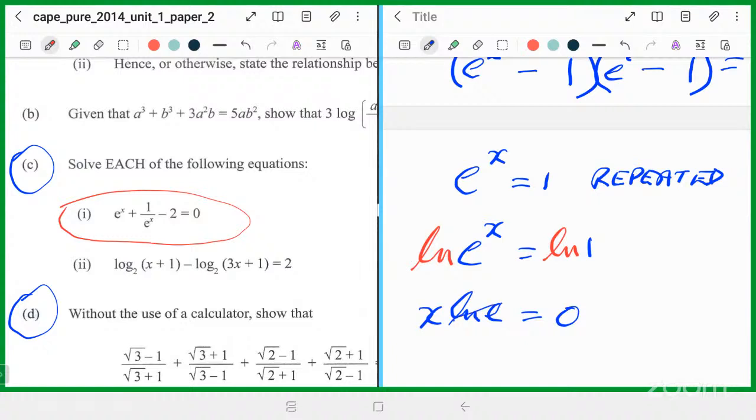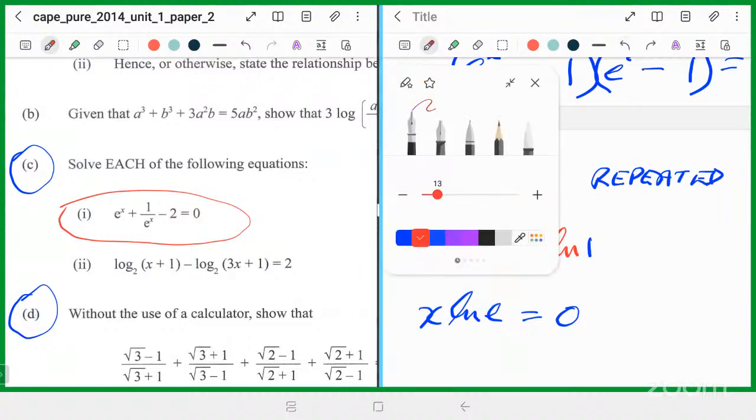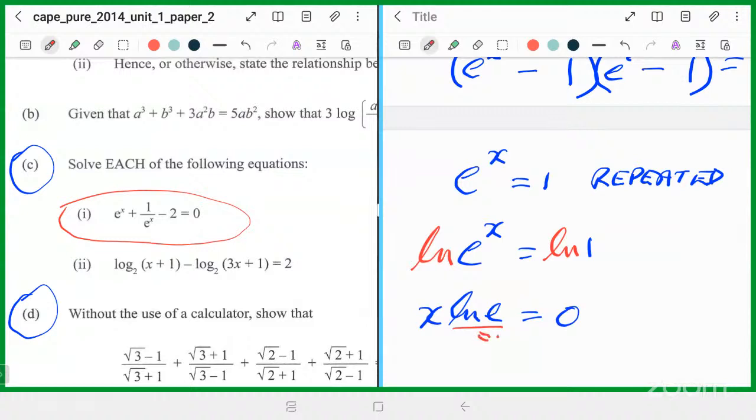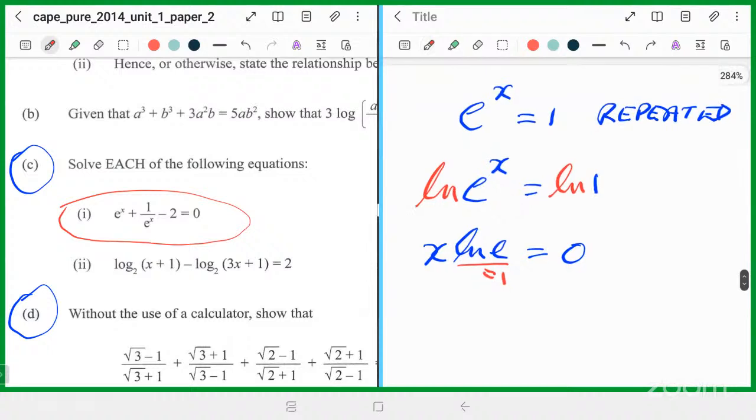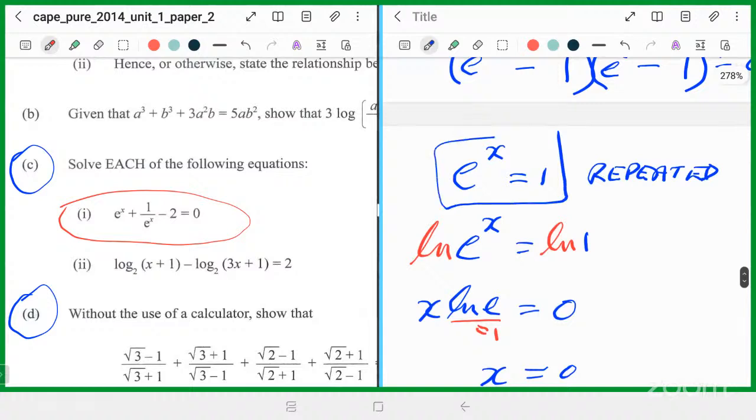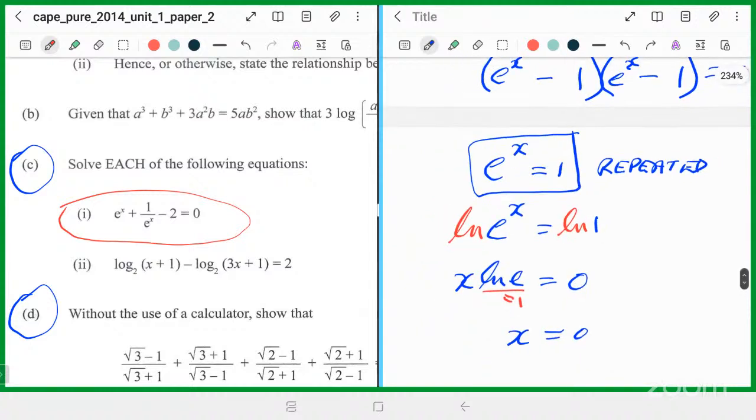And this now is equal to 1, because it's log to base e of e. ln is log to base e. So you see that x is equal to 0 in truth. You could know it from right here by knowing that any number raised to the power 0 is 1. So if the index is 1, it means that the power is 0. So the answer here is 0. x is 0.